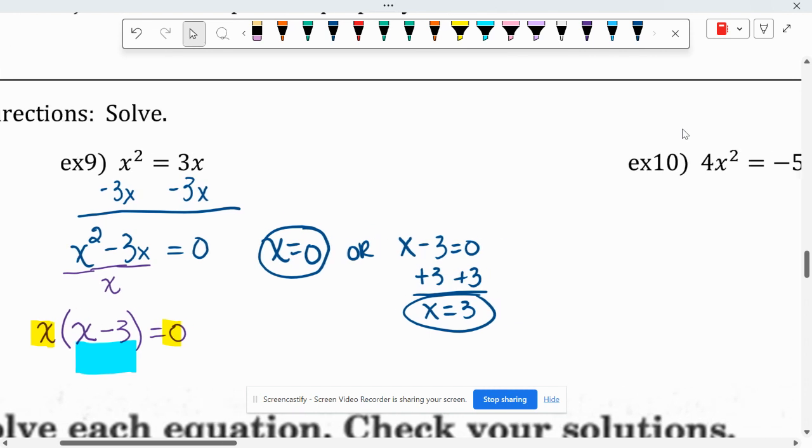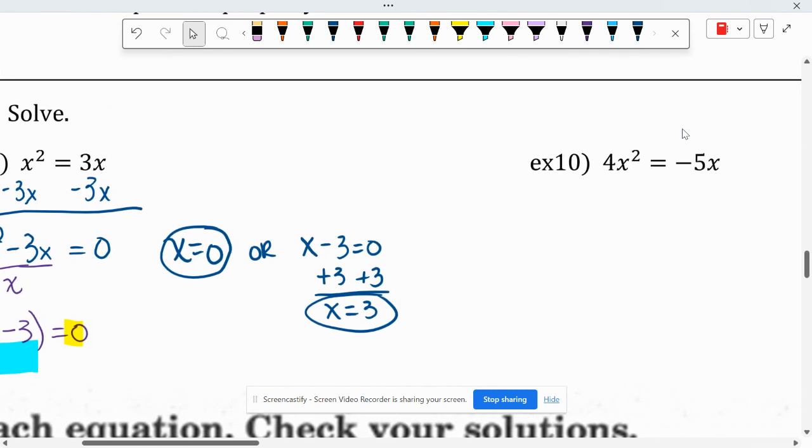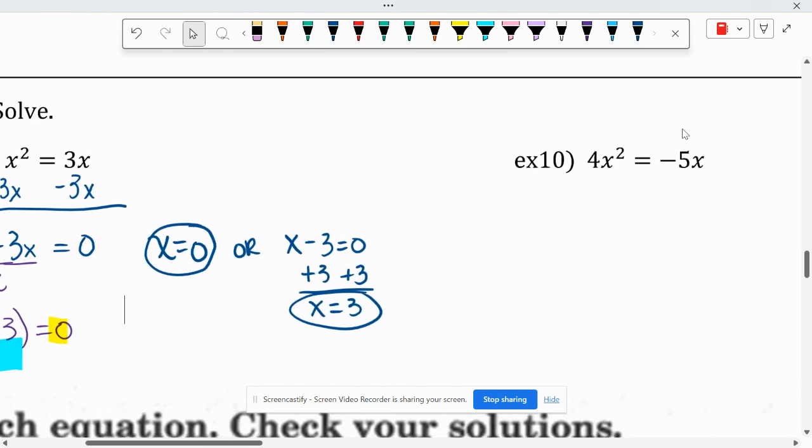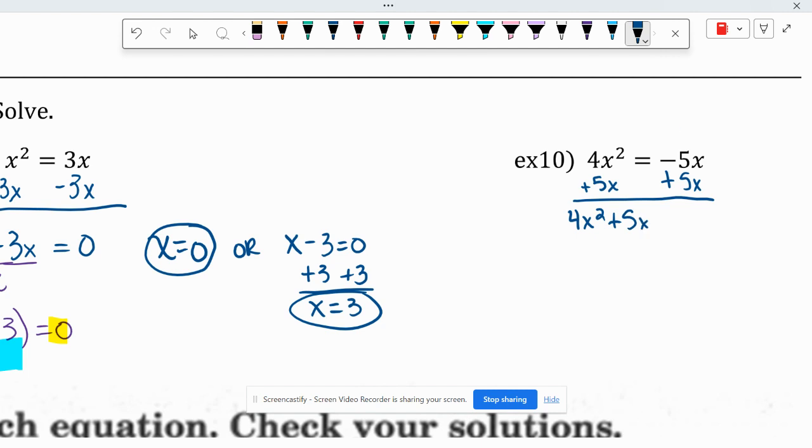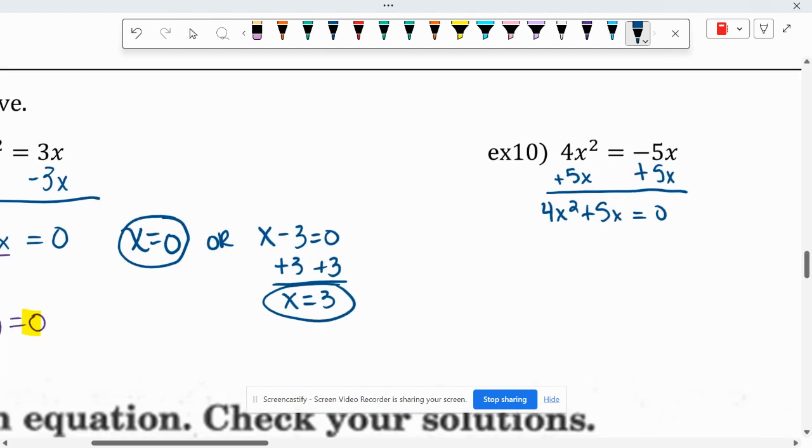Example number 10. First thing I have to do is get everything to one side. So I'm going to add 5x to both sides. Move all of the terms to one side. So I have 4x squared plus 5x equals 0. What's the GCF? What can I take out of both of these? An x. That's it.